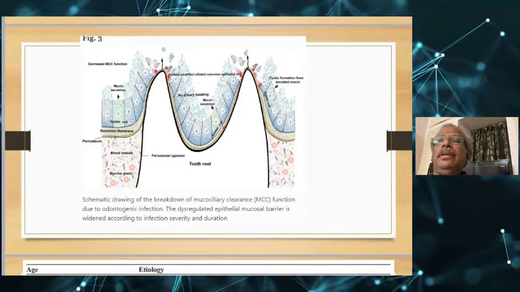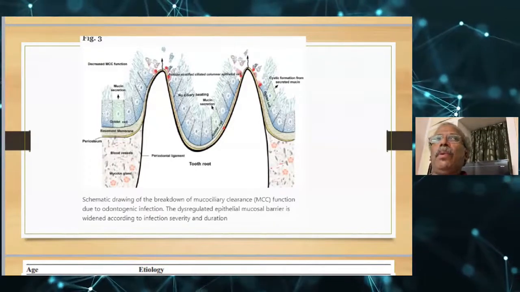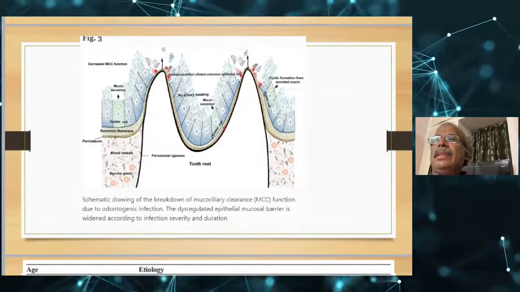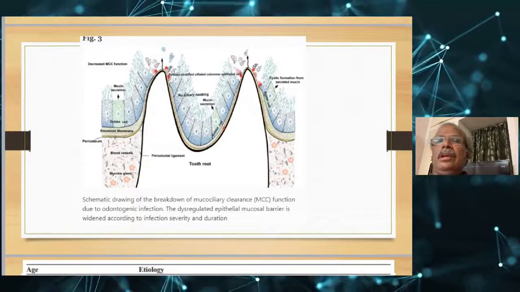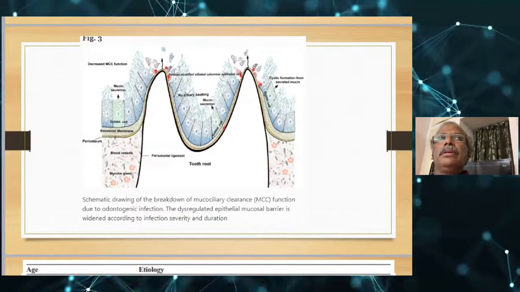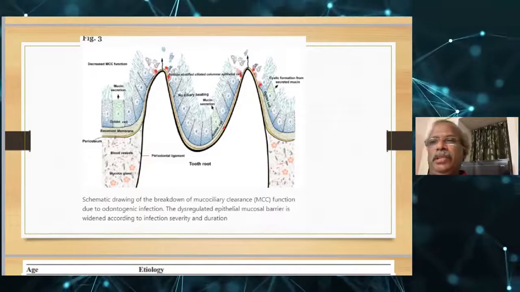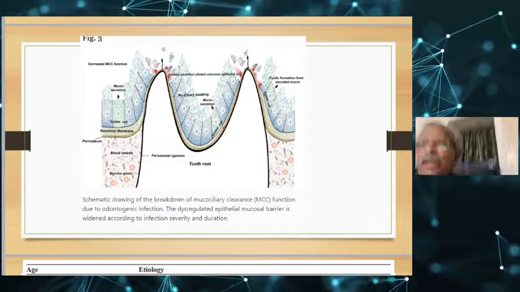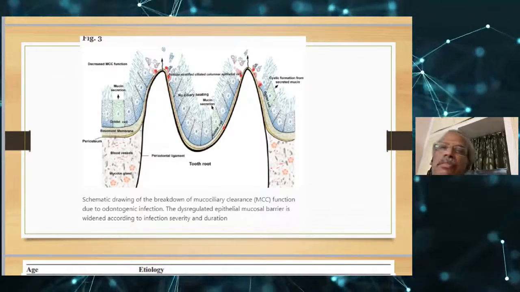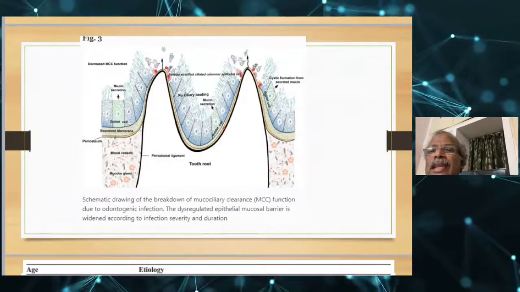It can easily affect the bone at the apex of the tooth, and the lining gets disturbed. Eventually this will lead to rhinosinusitis, and a chronic rhinosinusitis, if not treated properly, can lead to osteomyelitis. That is the commonest problem one can expect from the teeth when it originates from odontogenic infection.